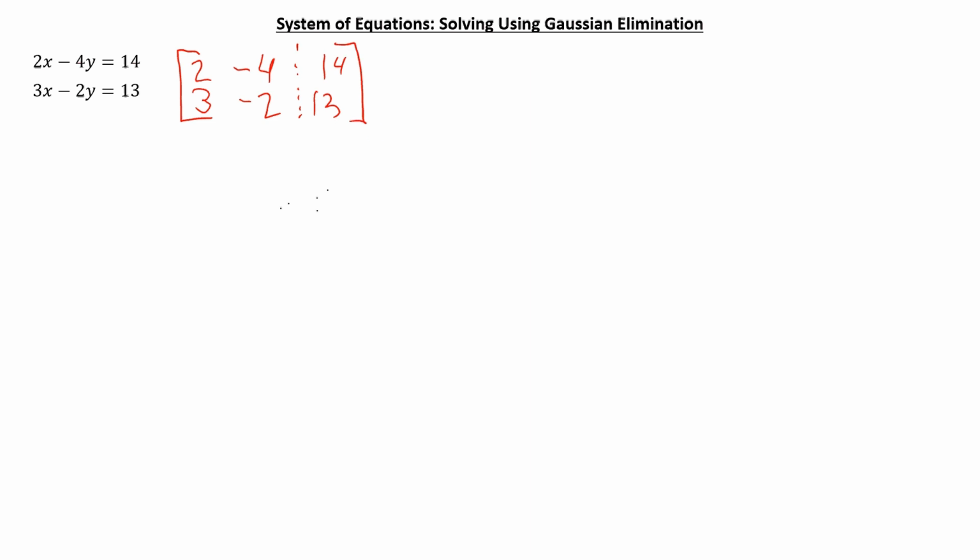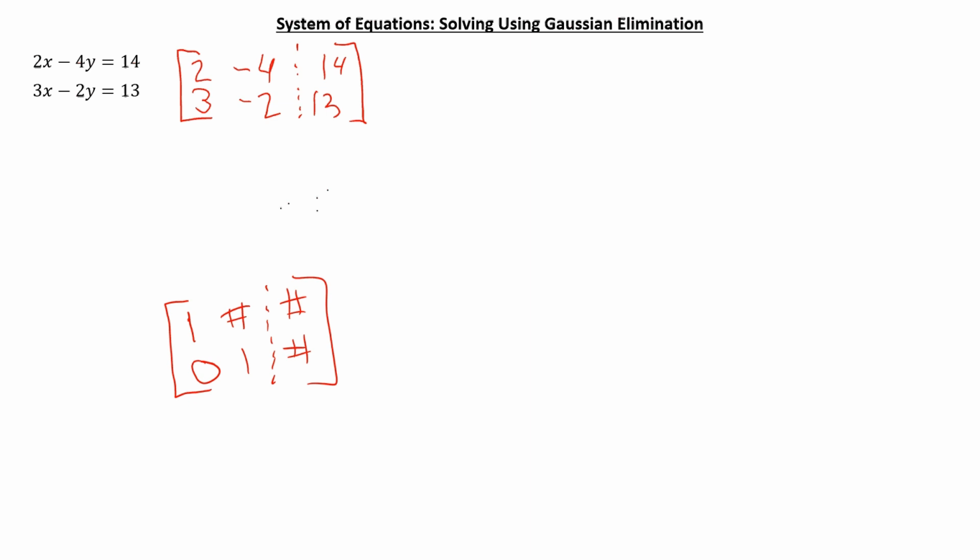Now remember, with Gaussian elimination, your goal is to put the matrix in echelon form, which means you want to get the ones on the diagonal and a 0 in the bottom left corner. There'll be a number in the other spots, which are super important, but we're not going to worry about changing those numbers.